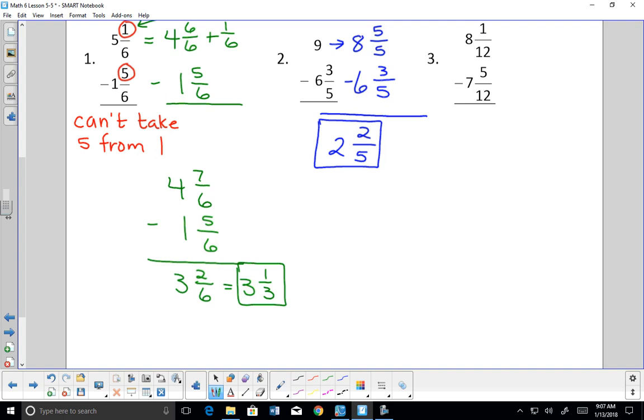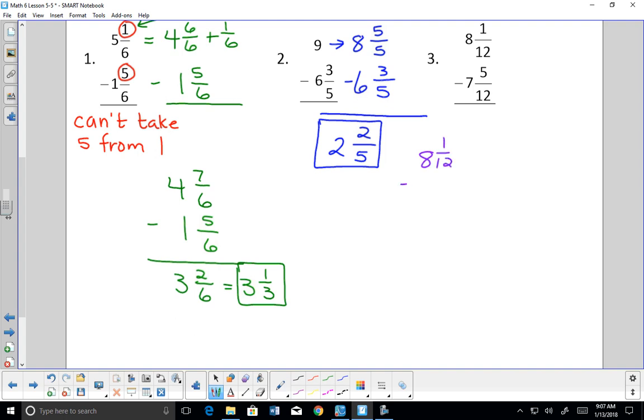Let's take a look at 8 and 1/12 minus 7 and 5/12. We have the right common denominator, but I can't take 5 from 1. And due to the space here, I'm just going to rewrite this underneath so I have lots of space to work with. So I have 8 and 1/12 minus 7 and 5/12.